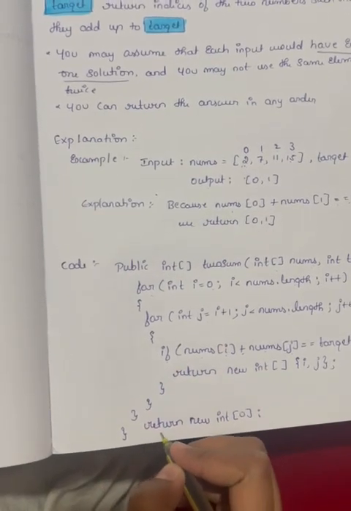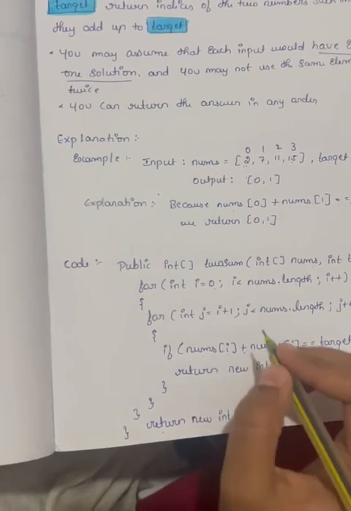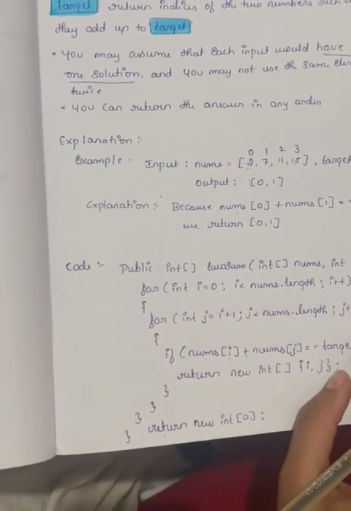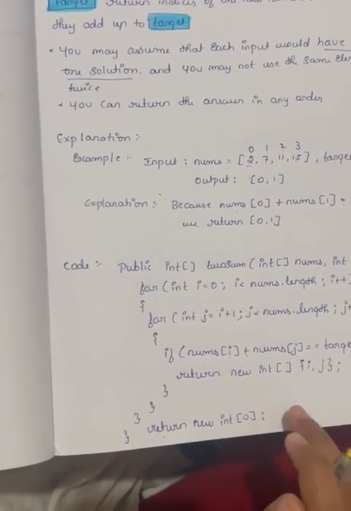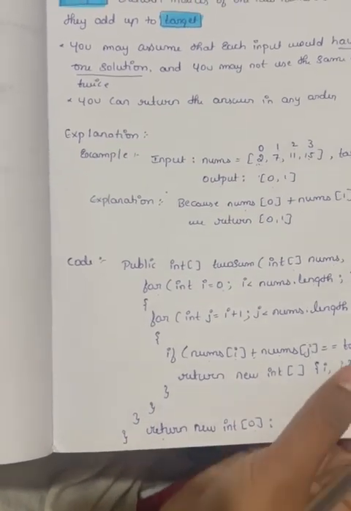Then here I have written new int of 0, so that if none of the above conditions satisfy, it will return the first index itself, and I'll be closing off the main method.